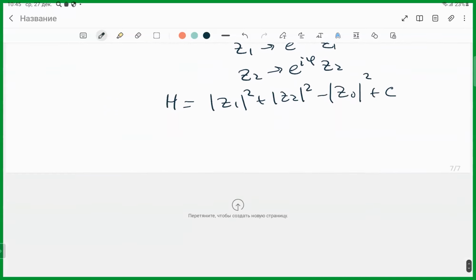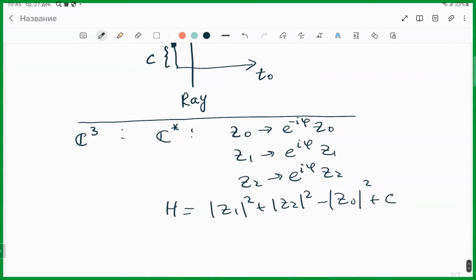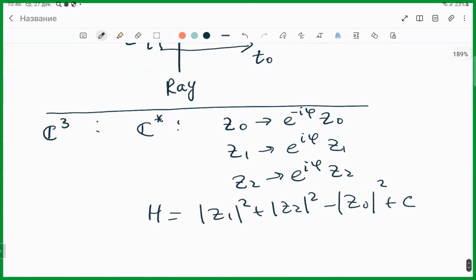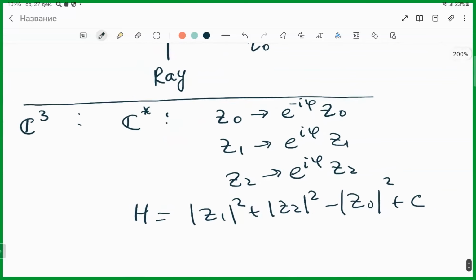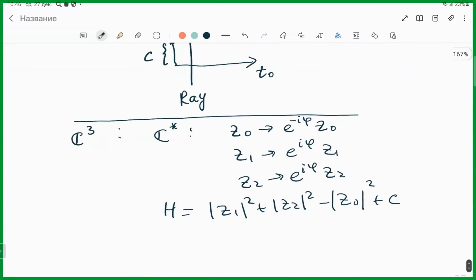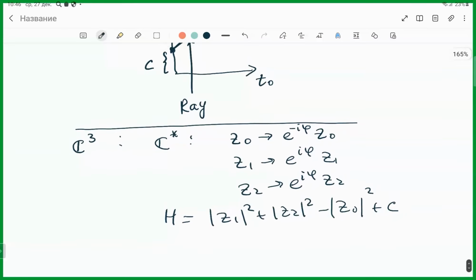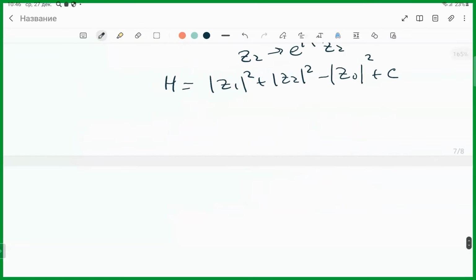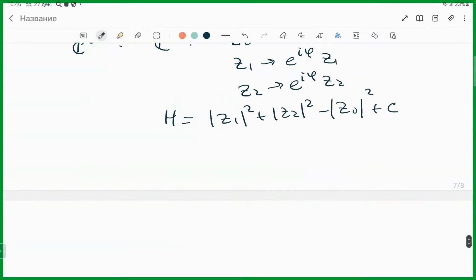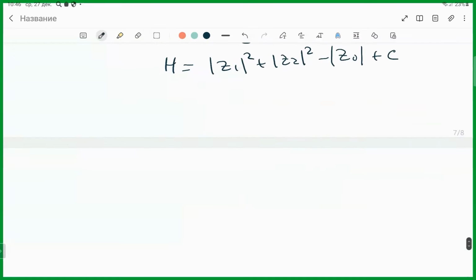Now, what happens would depend on the sign of c.